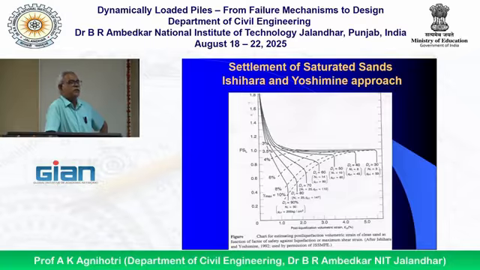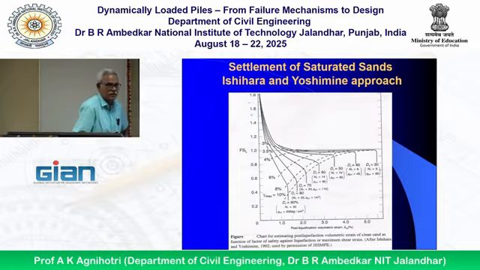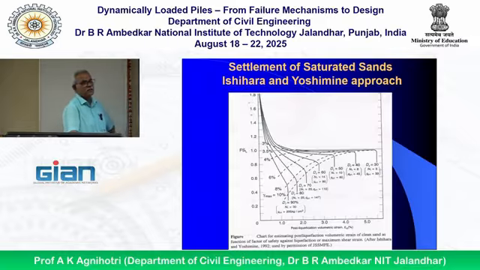If you have performed SPT, you have N values. If you have performed cone penetration test, you have QC values. Accordingly, you will select the curve. Factor of safety you have calculated. Factor of safety and corresponding curve, whatever value you will get, that will be post-liquefaction volumetric strain. So post-liquefaction volumetric strain multiplied by thickness, that will give you settlement.